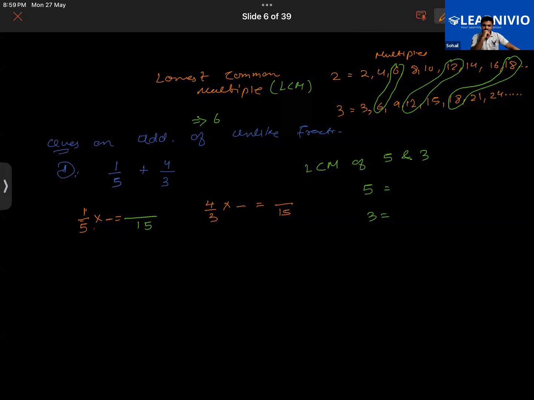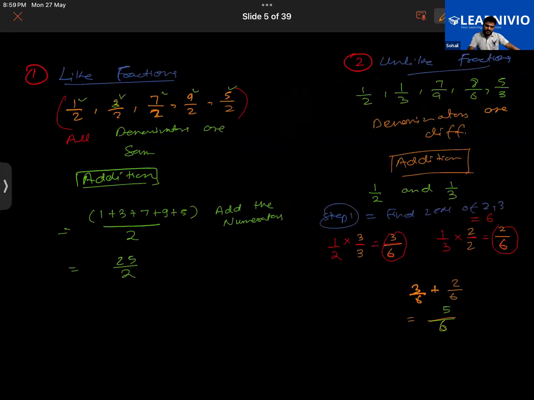We'll have to do both of them? Yeah, you have to do both of them and then they will be added now. Just like we did for this one. Once we equated the denominator, these two numbers were added.